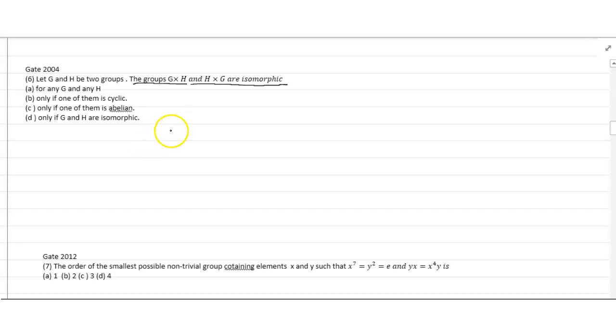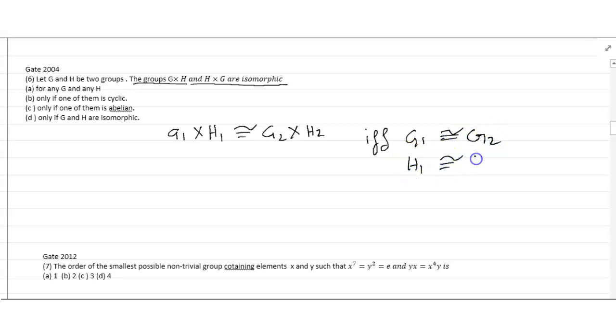So friends, G1 cross H1 is isomorphic to G2 cross H2 if and only if G1 is isomorphic to G2 and H1 is isomorphic to H2.